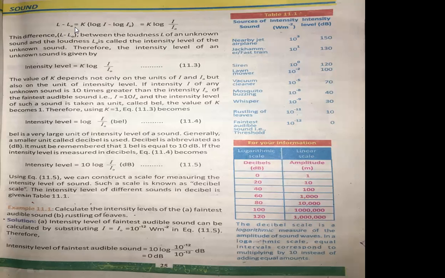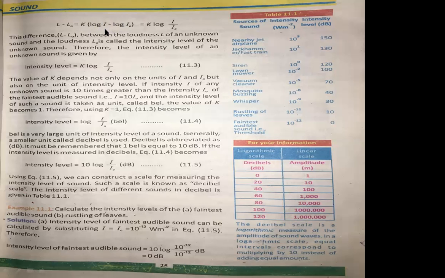L minus L naught is the left hand side, and k times log I minus log I naught is my right hand side. So you should know the property of logarithm. Whenever we have a subtraction sign in log, you have to remember this. You will read it in the 10th class mathematics book when you study the logarithm properties.